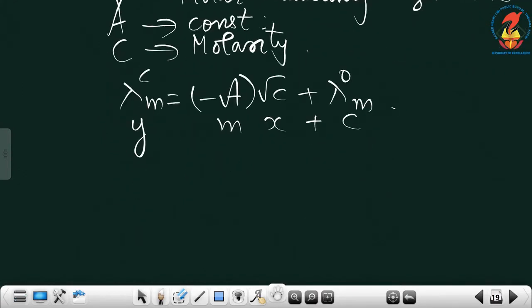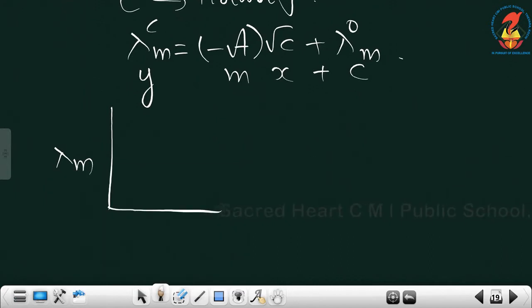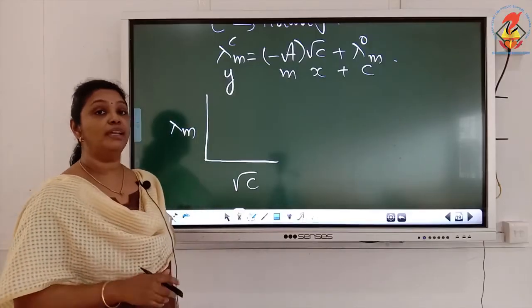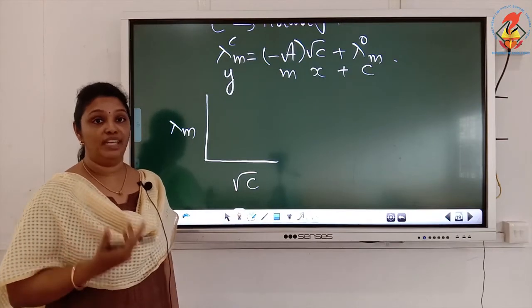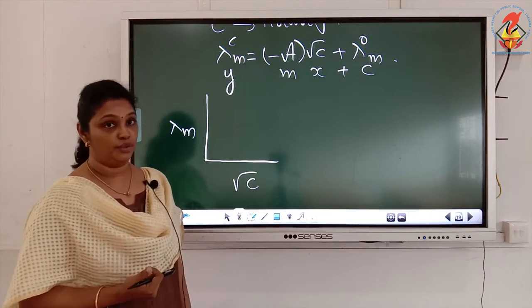So I am going to plot a graph between lambda m and root C, and this is the graph for a strong electrolyte to study the variation of lambda m with concentration.